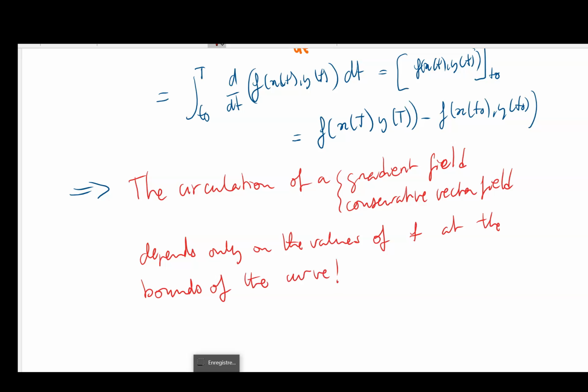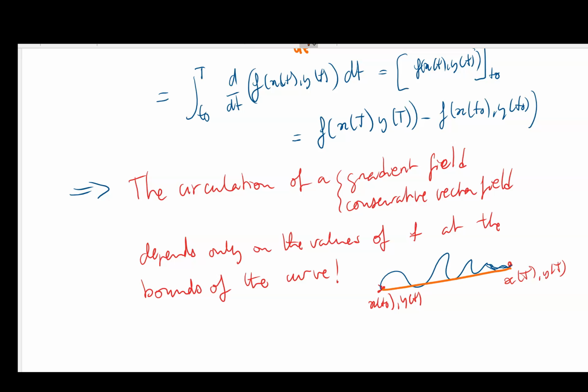That means it doesn't matter what path you use to go from x of t0, y of t0 to x of capital T, y of capital T. It doesn't matter what convolutions you did in between. In the end, if you want to calculate the circulation of a gradient field on that curve, it's just going to depend on the value at the bounds.